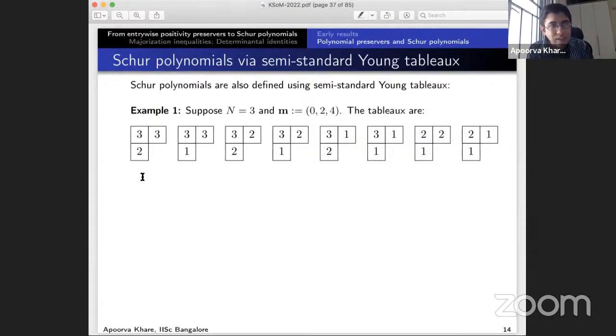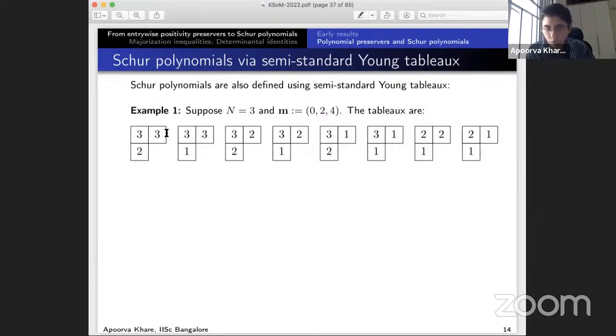I create these diagrams where there are 0 cells in the bottom row, 1 cell in the next row, and 2 cells in the top row: 0, 1, 2, which is 0, 2, 4 minus 0, 1, 2. That's what the number of cells in each row is. For each such diagram, I have empty boxes, and I fill them up with my alphabet, which is 1, 2, and 3, because n equals 3, with the following rules.